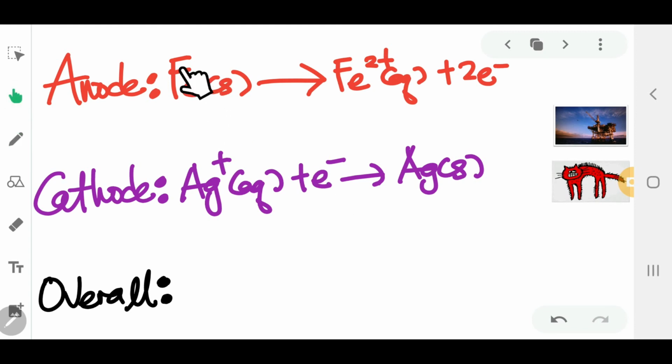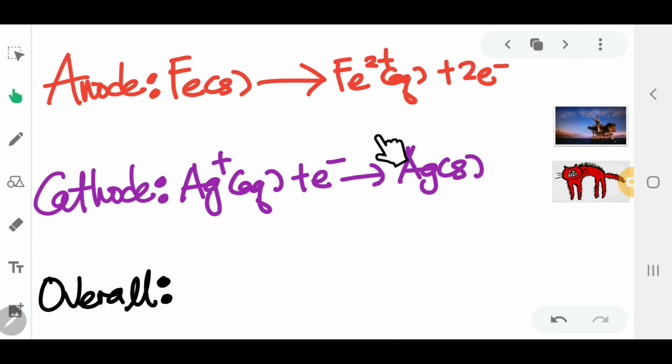Before you combine these 2 half-cells to write the overall cell reaction, you need to look at the electrons. Can we cancel them out? No, because that one is 2 moles of electrons. We want to make sure that there will be no electrons in the overall cell reaction, so you have to make sure all of the electrons cancel out.